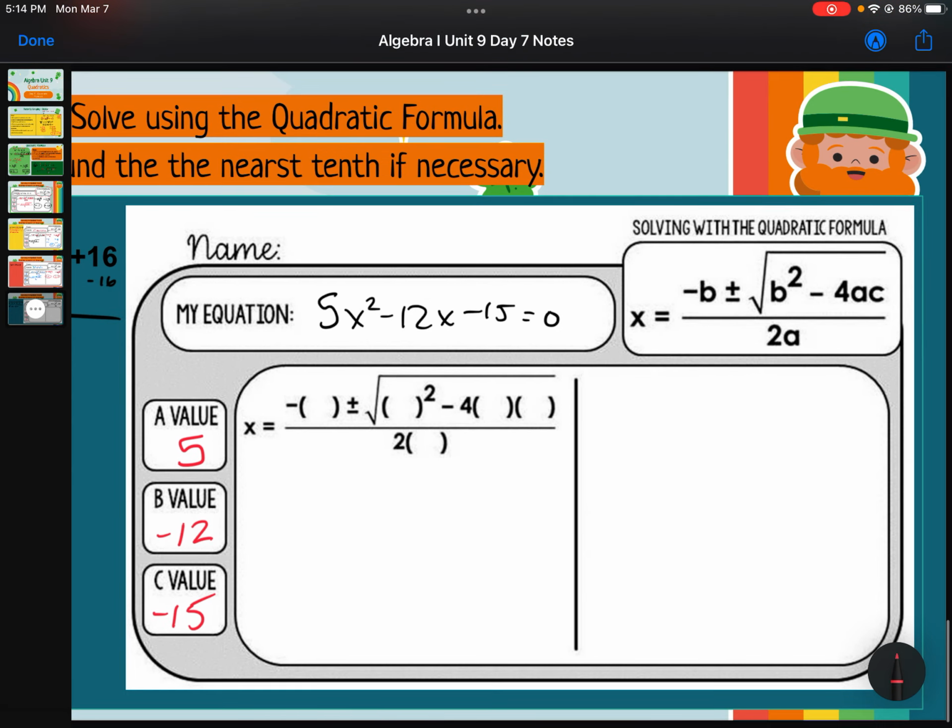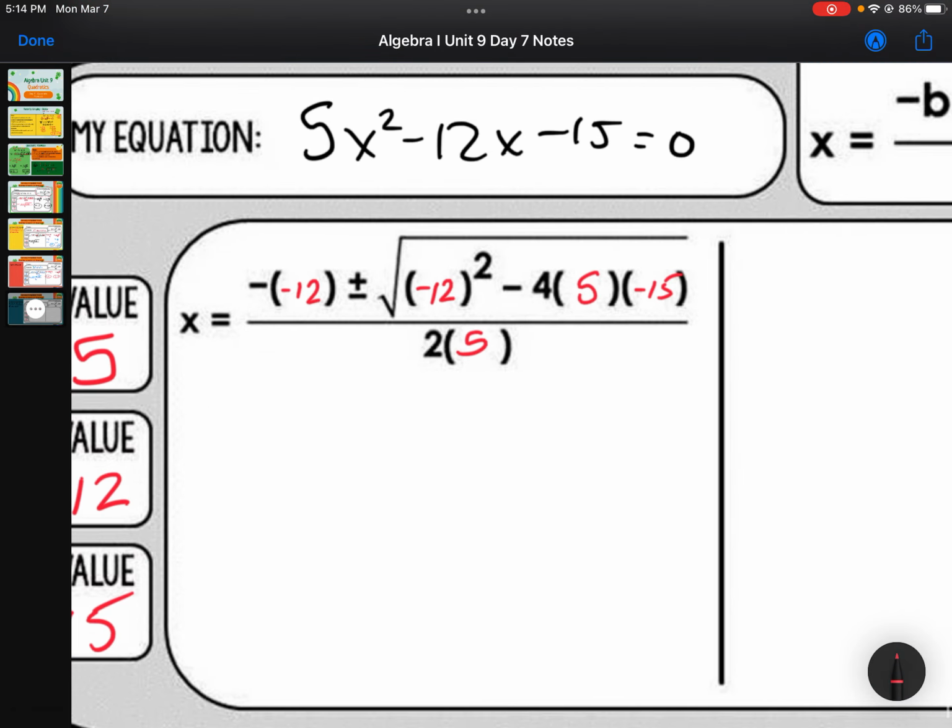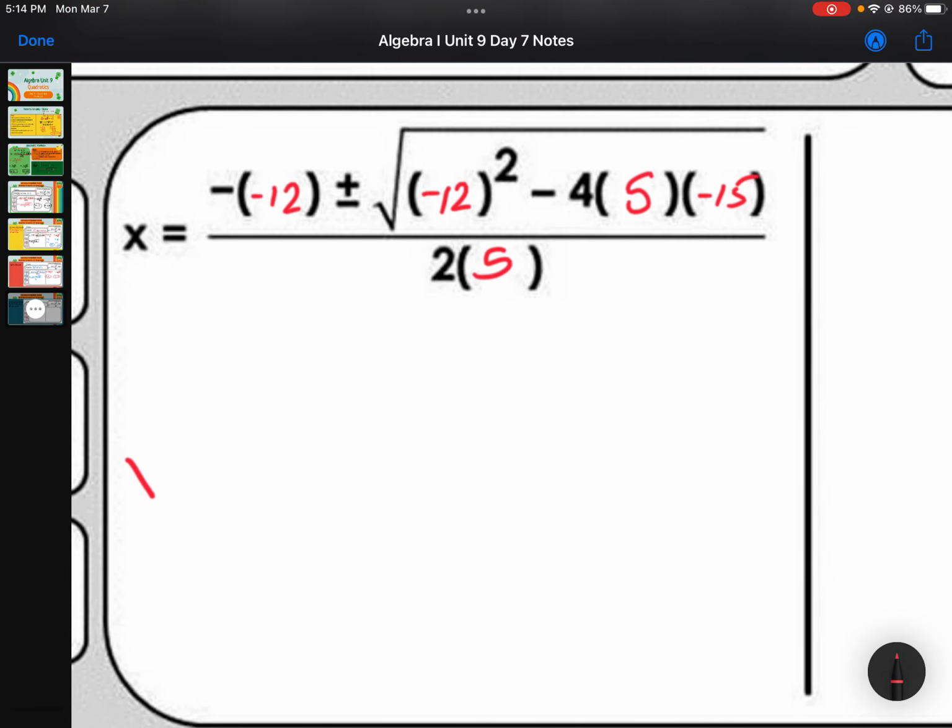Lastly, plug it in. So x equals negative b plus or minus square root of b squared minus 4ac, all divided by 2a. So negative, and then this first blank is my b, negative 12. Plus and minus, negative 12 squared. Minus 4 times 5 times negative 15, all divided by 2 times a, which is 5. So x equals negative 12, that's positive 12.